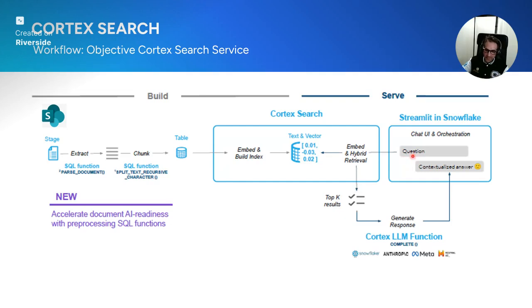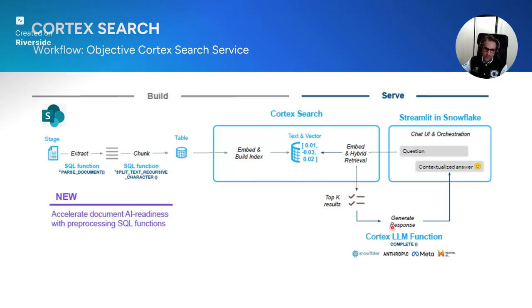We make a question, and that question is sent to our Cortex service, and this provides very accurate results from the different chunks that we have provided in our vector database.